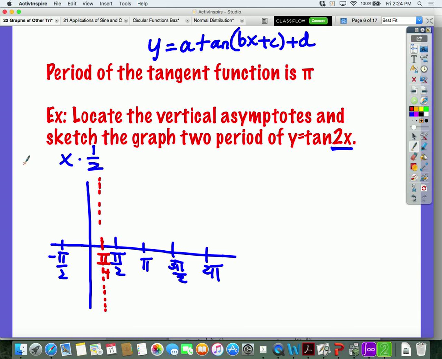If I multiply that by 1/2, does that take me to that next one at 3 pi over 4?